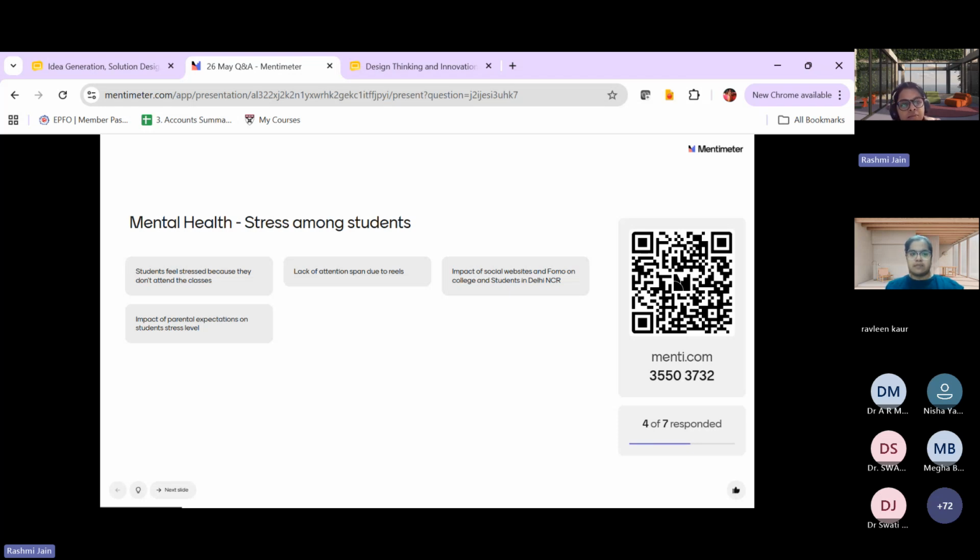You can compare the responses of parents and students together and create a comparative analysis of what parents are expecting and what students are expecting, and what parents should expect from them. That can give you a very good analysis and a good topic for research. Very good.